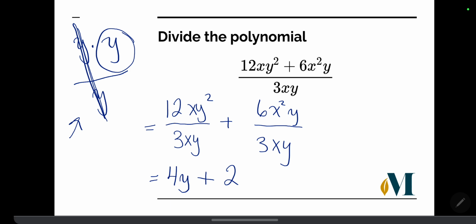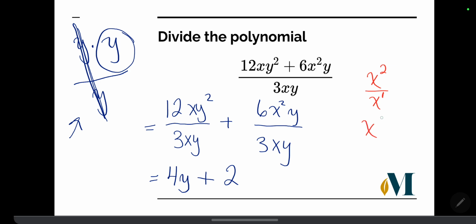Instead of expanding it, let me show you in regards to our exponents. If you have x to the power of 2 over x, this bottom x in the denominator has an exponent of 1 because there's just a product with 1 x. So let's subtract our exponents, using the quotient rule of exponents.